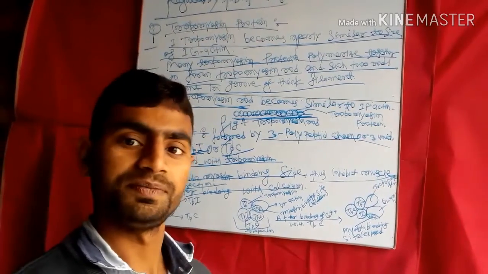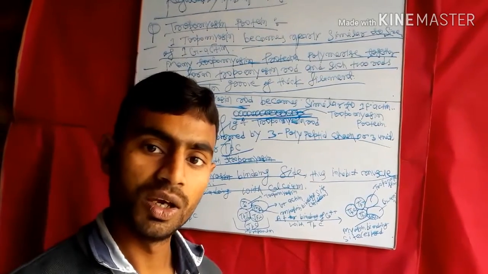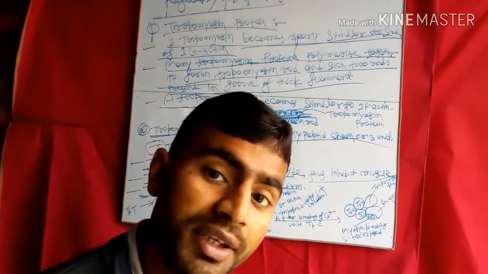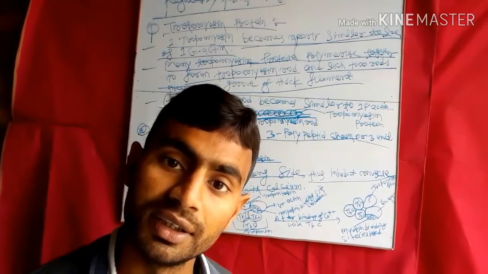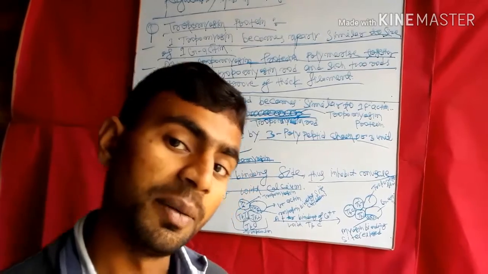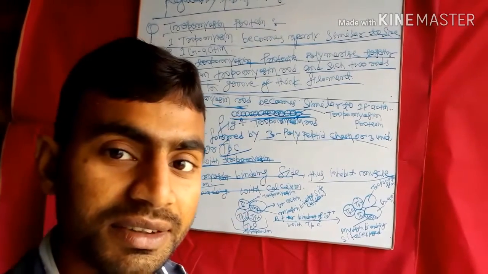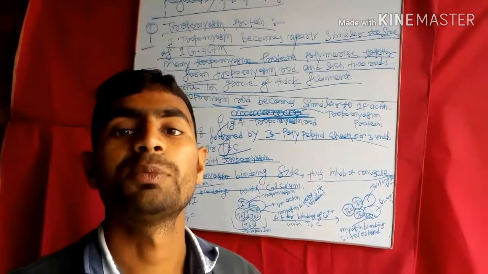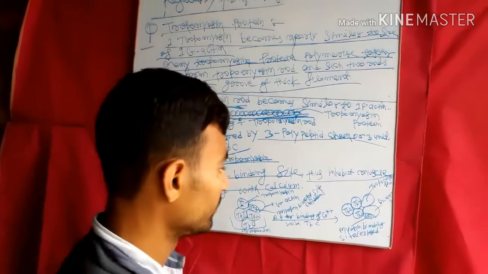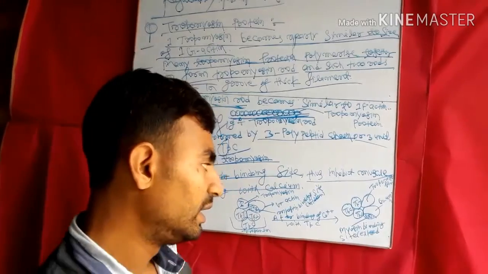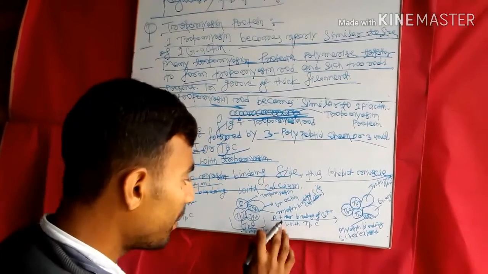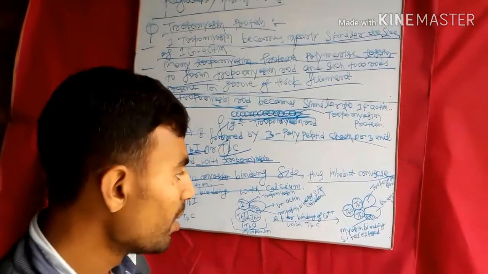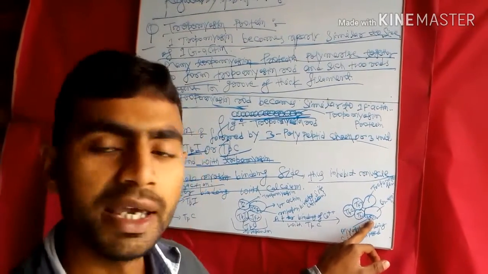But when calcium ion binds with TPC, after that the myosin binding site is exposed. You can see here that after the binding of calcium ion with TPC, the myosin binding site is exposed.